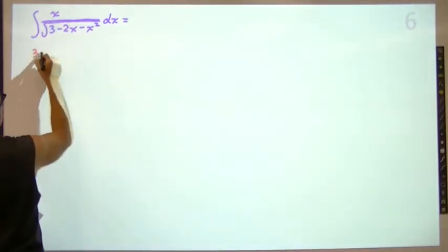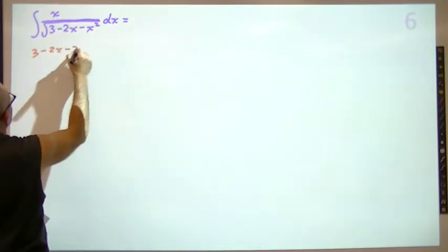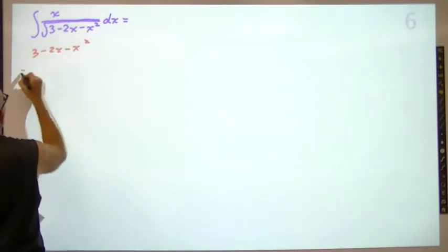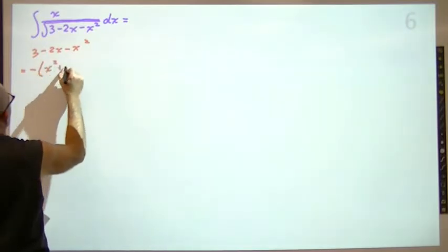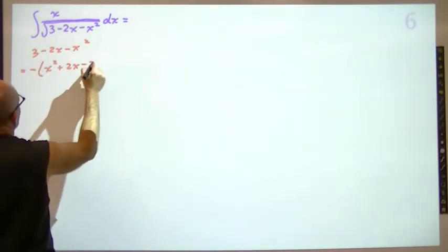The 3 minus 2x minus x squared is going to equal negative x squared plus 2x minus 3.